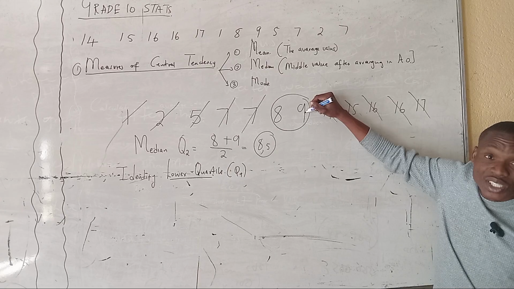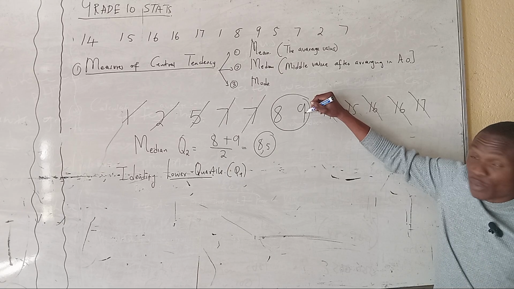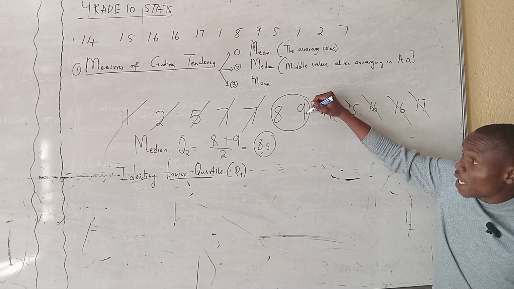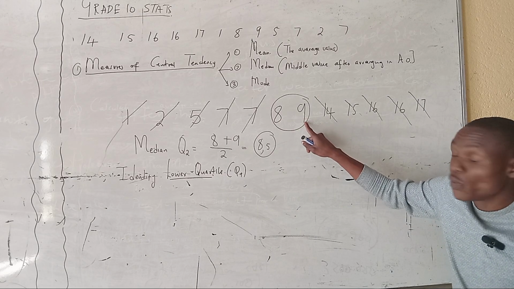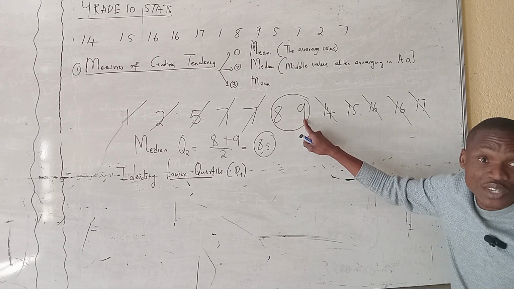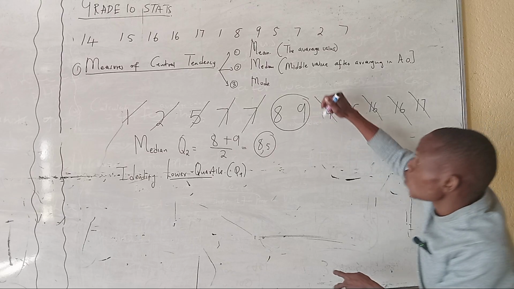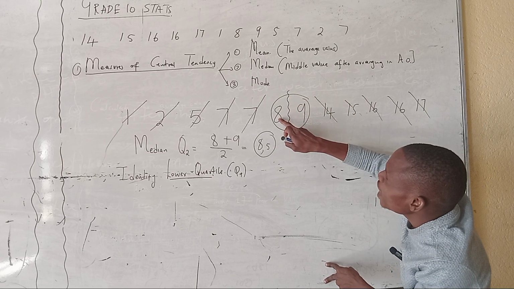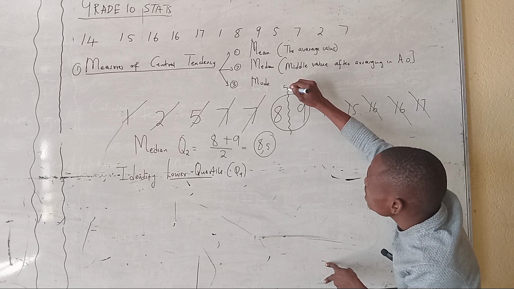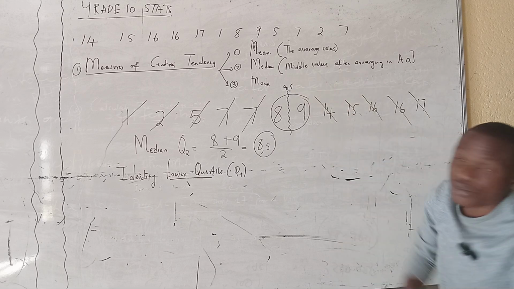If you don't pay attention, you won't be able to follow. The median is made up of these two numbers. We added these two and we divided by 2. So I will assume that my median is somewhere between 8 and 9. Remember, my median is 8,5.